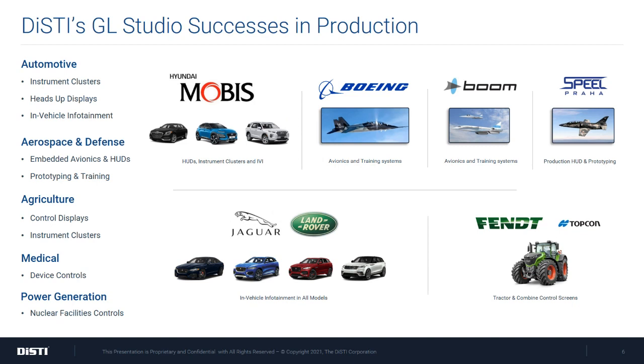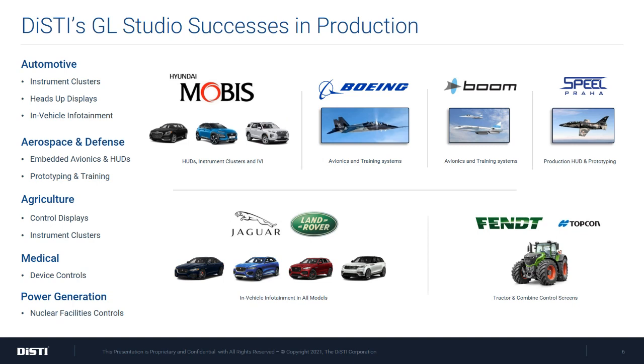And just to give you a real brief idea of where our technology is employed, we're probably most well known for the adoption at Jaguar Land Rover over the last 8 years. But also in agricultural and Fendt. On the aerospace and defense side, we recently announced some new work with the T-7A Red Hawk at Boeing.